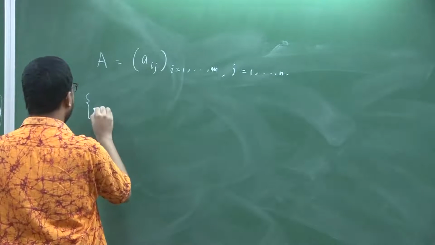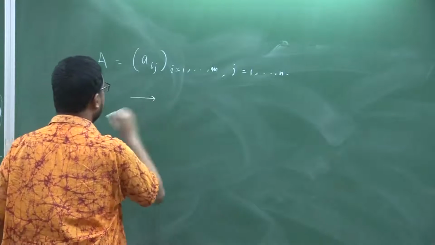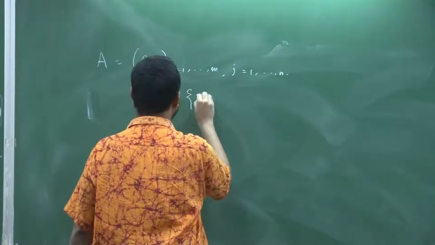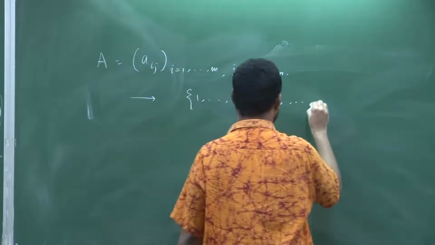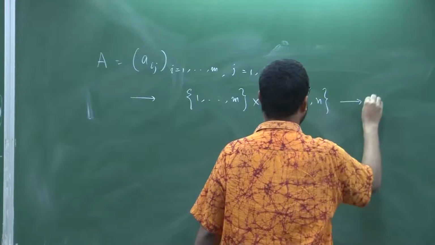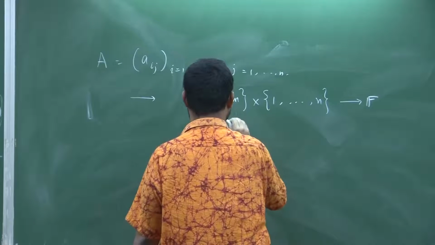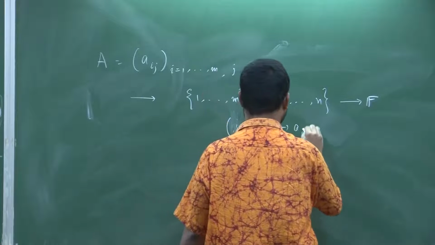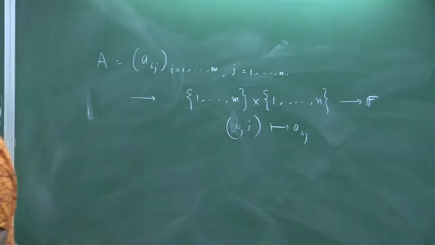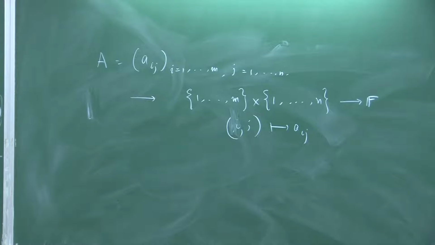Remember, for each i and j I have an element. That shows me that, given a matrix, I can construct a map. So, I have a mechanism to construct a map from a given matrix.